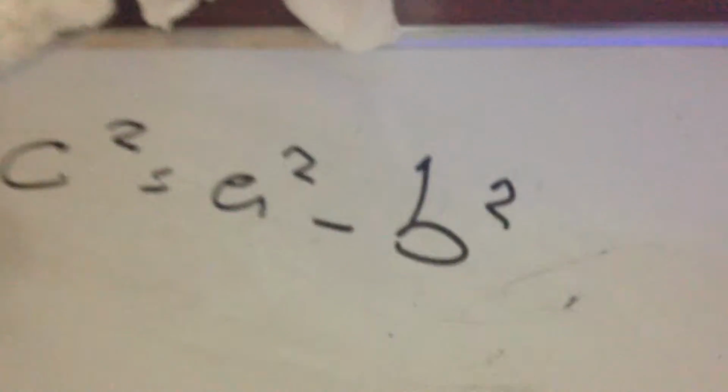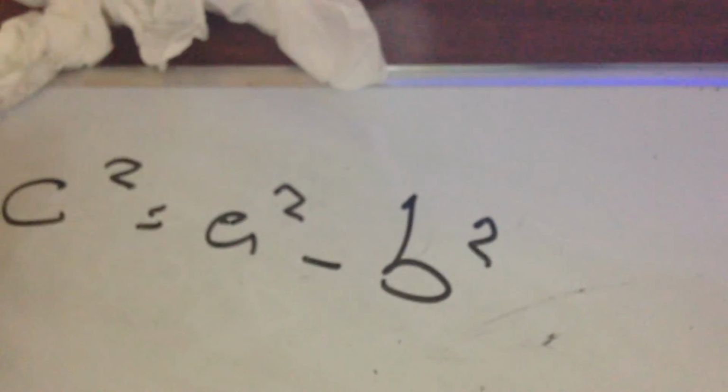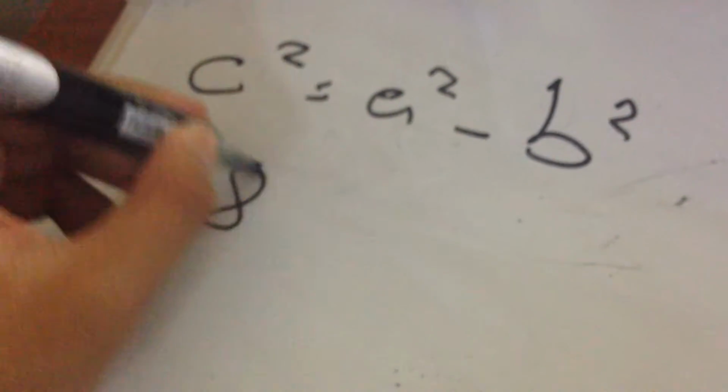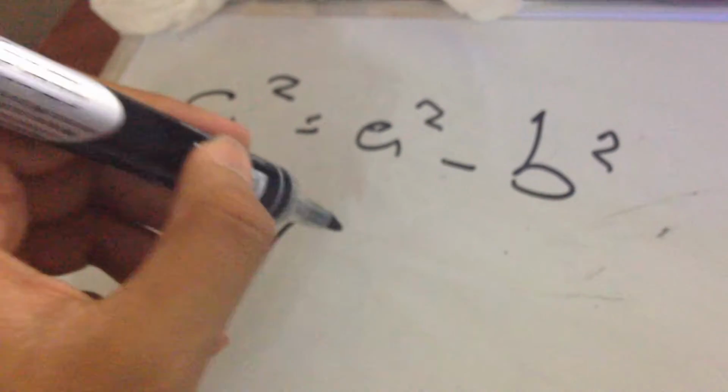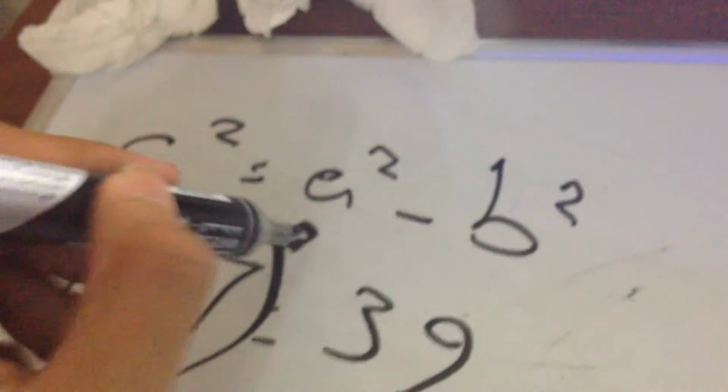So c squared is 9.87 squared, and a squared is 39.8 squared, minus b squared.